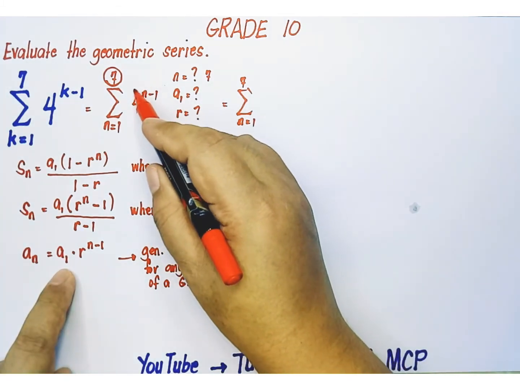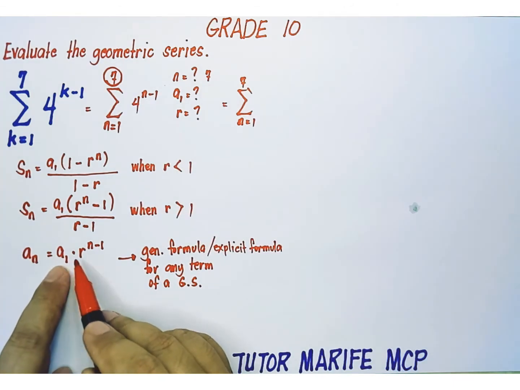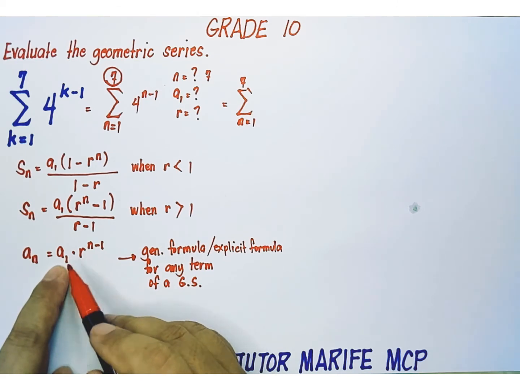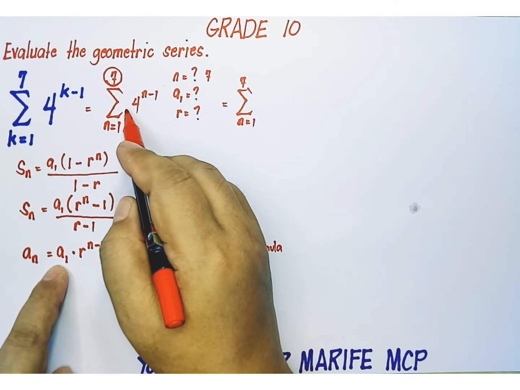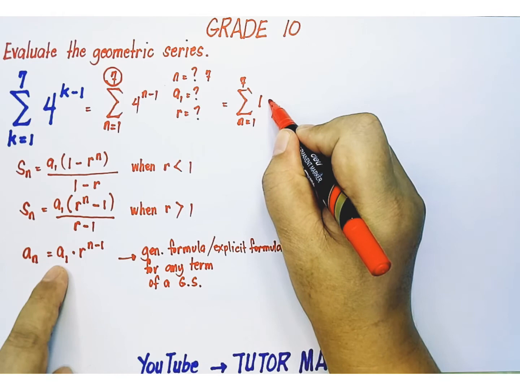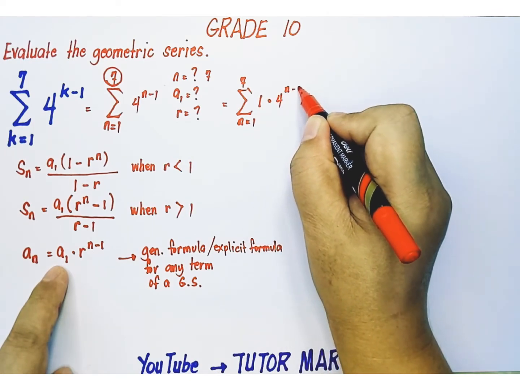So, pag ganyan, invisible. A sub 1 is the cofactor of the exponential part. So, pag wala kang nakikitang cofactor dyan, it's invisible. Parang naka-times 1 ito. 1 times the exponential 4 raised to n minus 1.